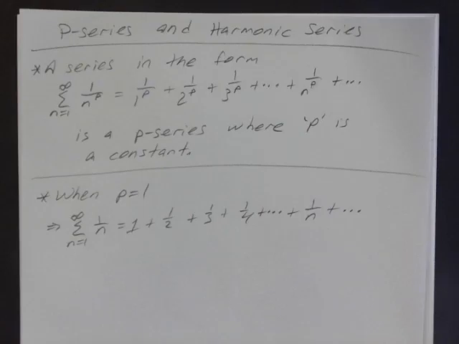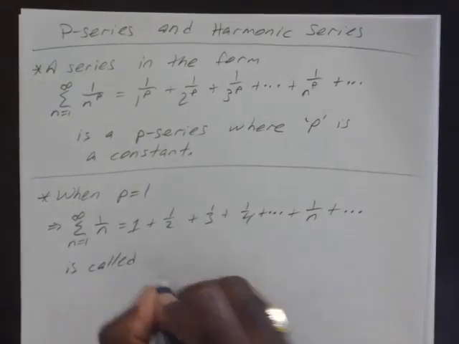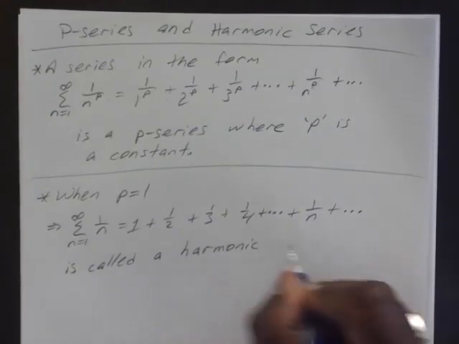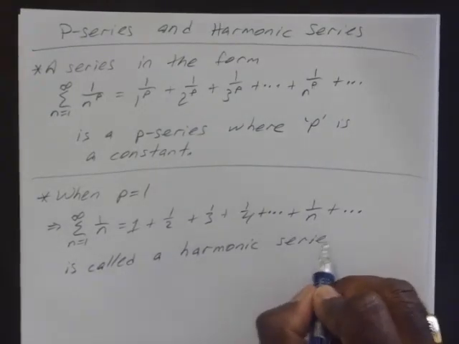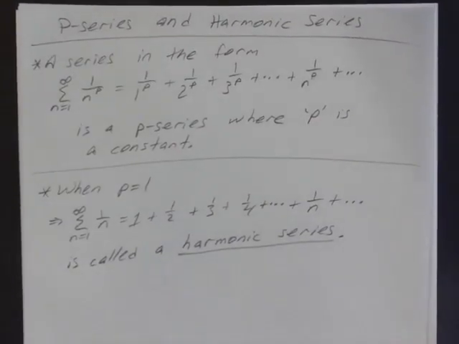Okay, so this specific version of a p-series when p is equal to 1 is called a harmonic series. And you're going to see a whole lot of formulas where just making one little change will give it a completely different name.